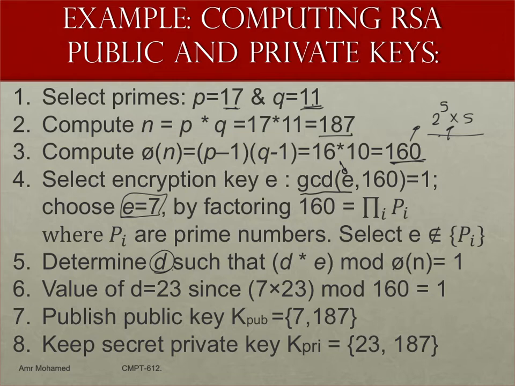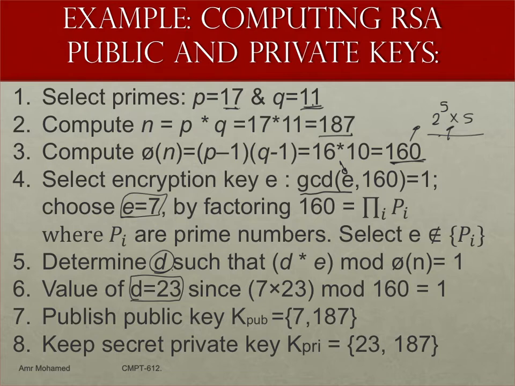So now D is the multiplicative inverse of E when it comes to the totient of N, which is 160. So D happens to be 23. How did we get this? We will see now how we get this. You could try multiple numbers and get it, but we will now learn how to do it systematically.